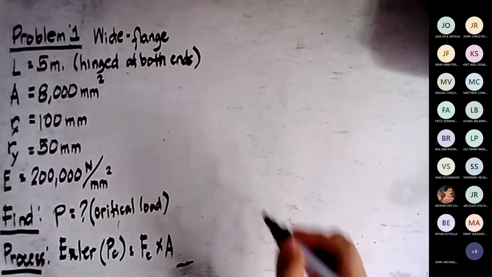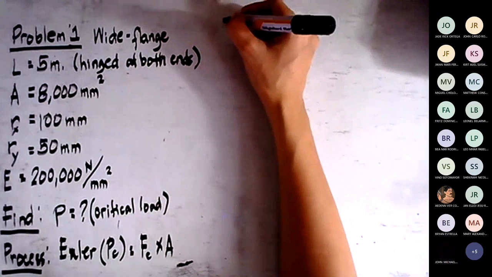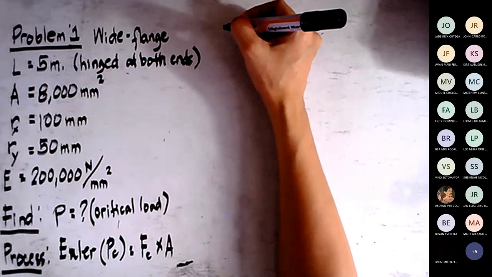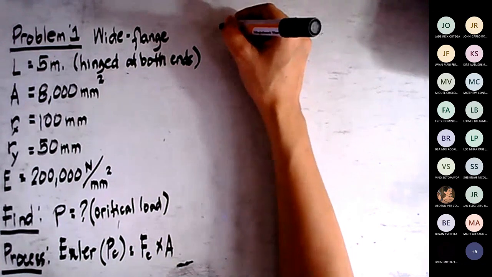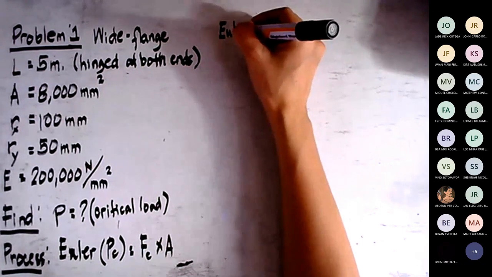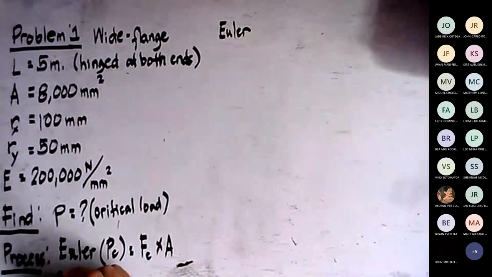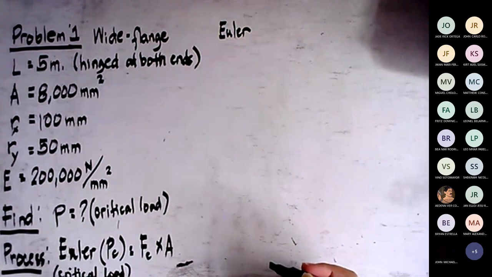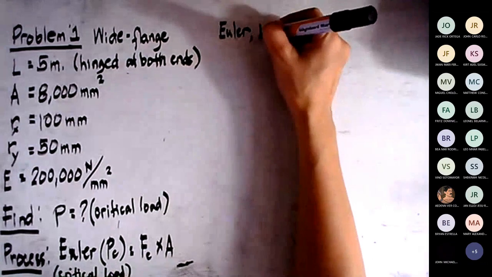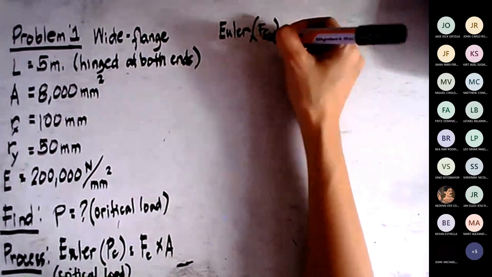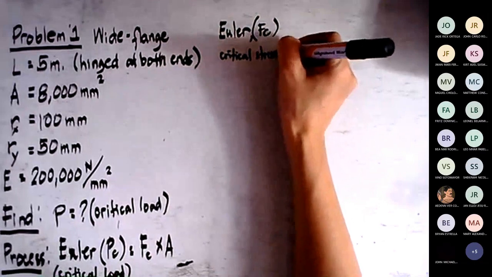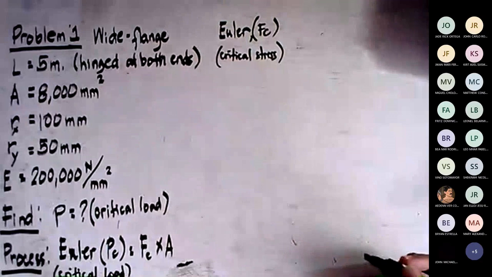Okay. And then if you are going to determine the stress from the basic formula, stress is equal to load over area. This one is the critical load. But if you are going to determine the Euler's critical stress, F sub C, this is the critical stress.